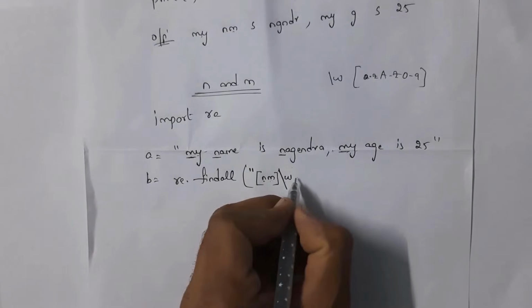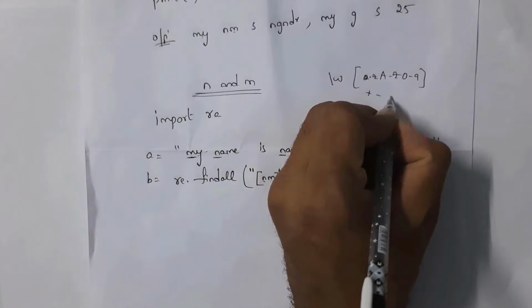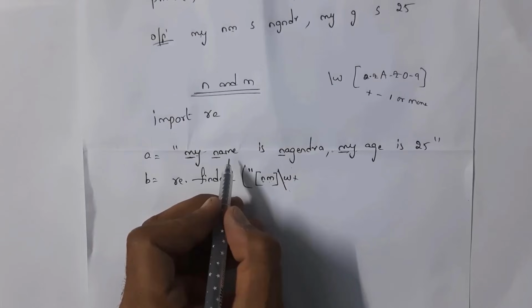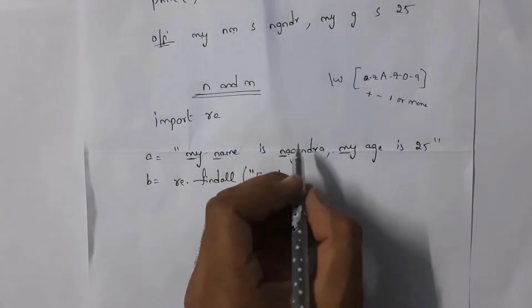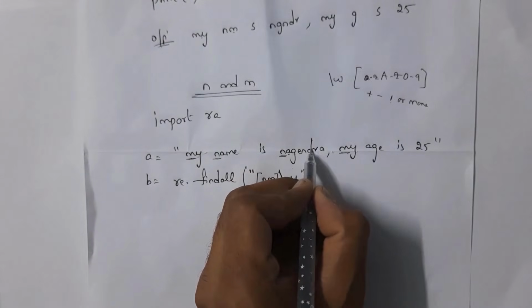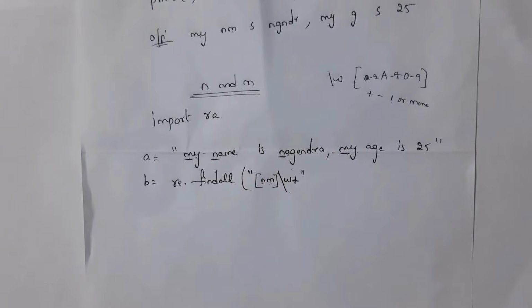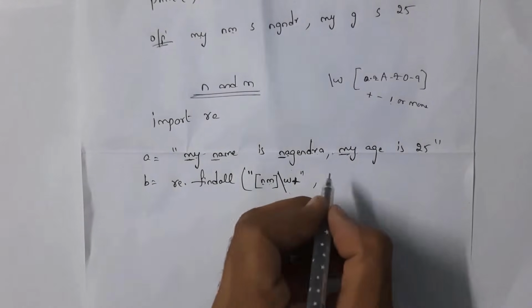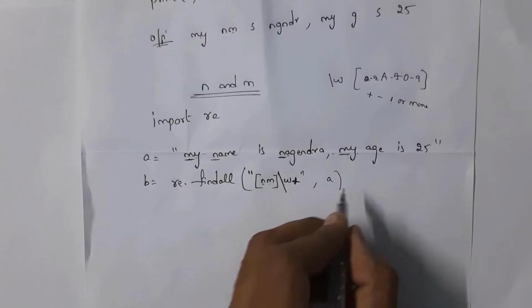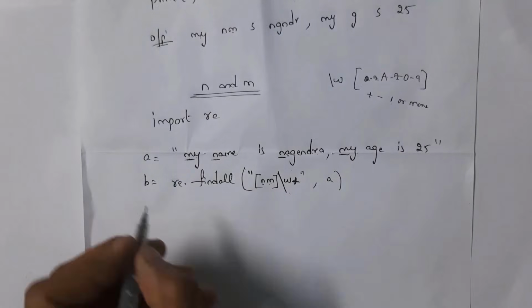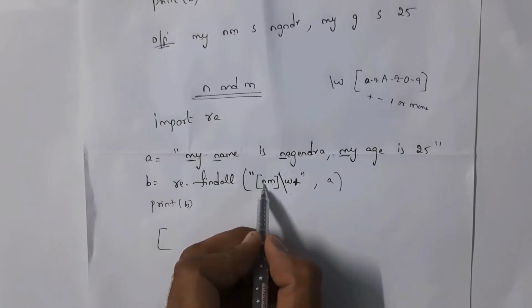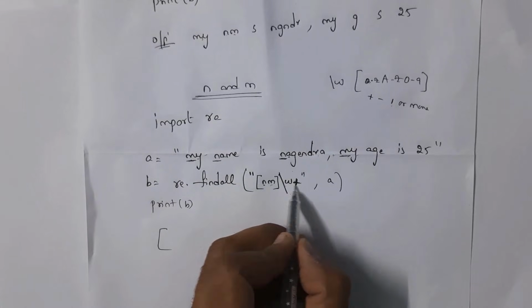And next use here plus. Plus is nothing but one or more. That means even if that word repeat one or more number of times, I should get that output. For example, in this text, if you consider D, if D is repeated once or more than once, I should get that output. So I took here plus, comma, the string is present in variable A, so just write here A. This result is stored in variable B. So whenever you write here print B, you will get output starting with N or M. And I want to print complete word.